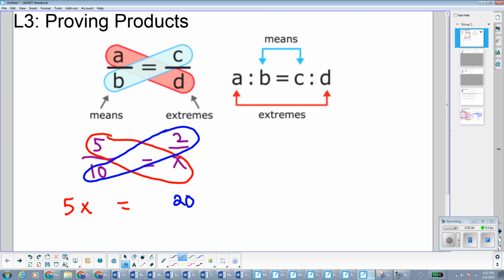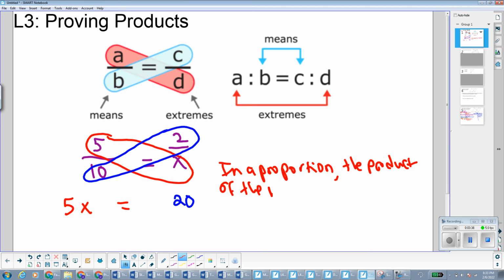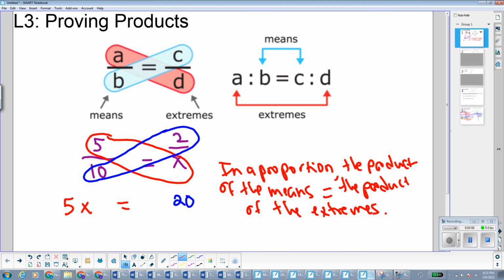So just remember, in a proportion, the product of the means equals the product of the extremes. That's what allows us to cross multiply. This is going to be very important for what we're doing today.